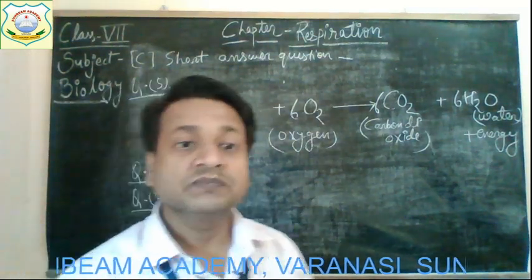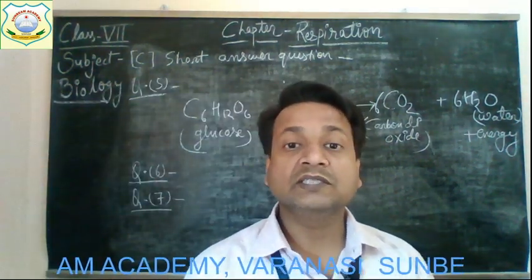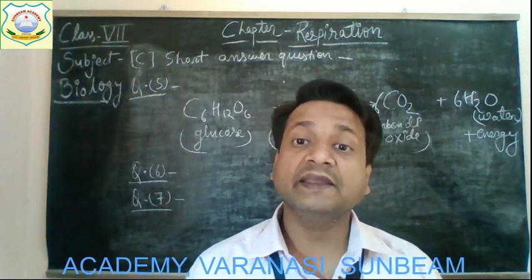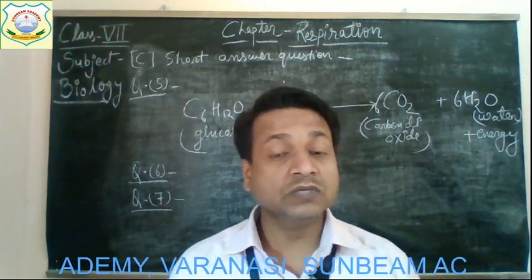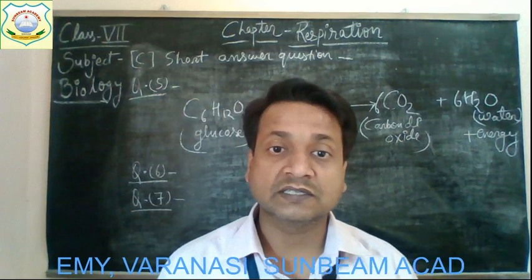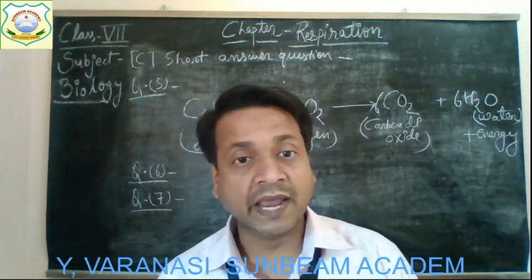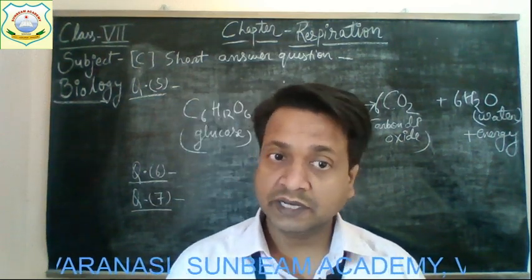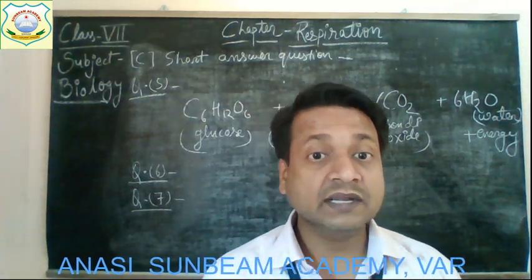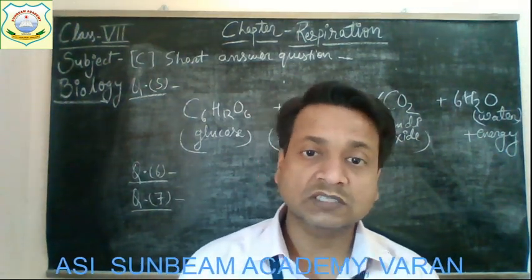And the question is, what chemical reaction occurs during anaerobic respiration in yeast? Children, there are two types of respiration that we have discussed: aerobic respiration and anaerobic respiration. Alright? Anaerobic respiration occurs in the absence of oxygen.